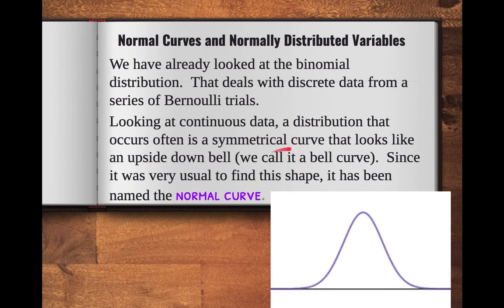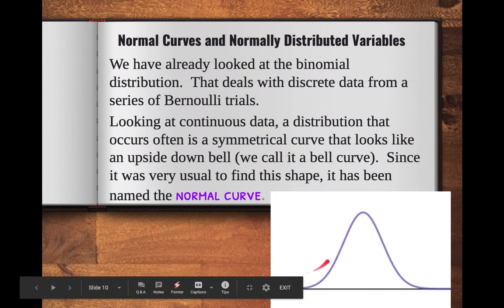Basically, we get a symmetrical curve, looks like an upside down bell. This is why it's often called the bell curve. It's very usual to find this shape with data when we're doing this work. So we call this the normal curve. If you hear about a bell curve or a normal curve, we're talking about the same thing. We're talking about a nice symmetrical distribution.